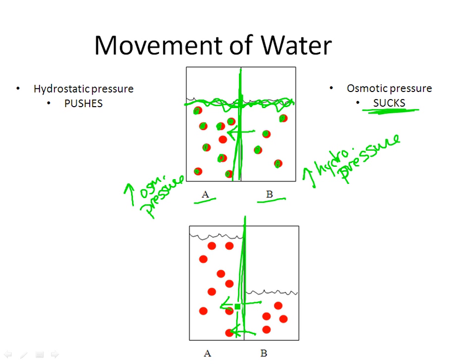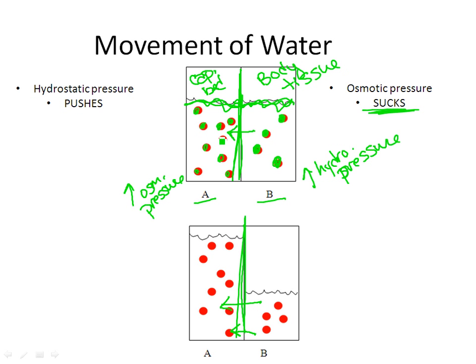So if we go back up here and we're talking about sugar, let's say that side A is a capillary bed, and side B is your body tissue, wherever it is, doesn't matter. Which side has more water right now?